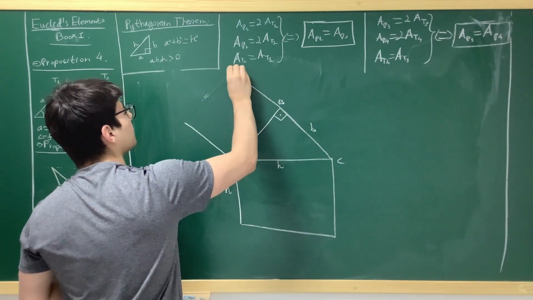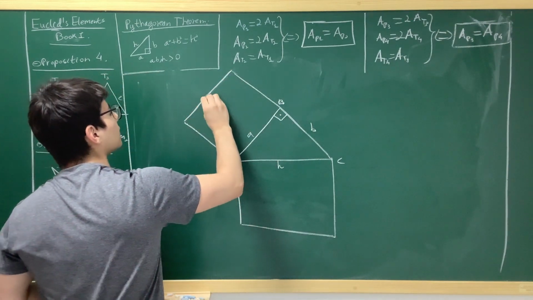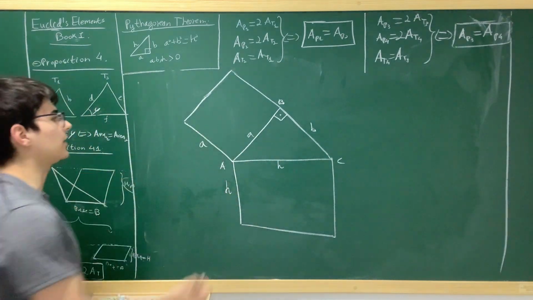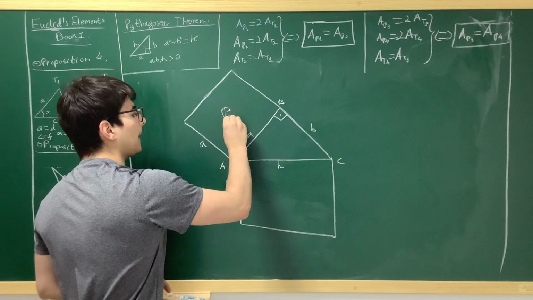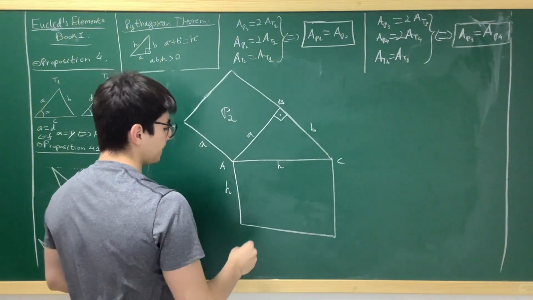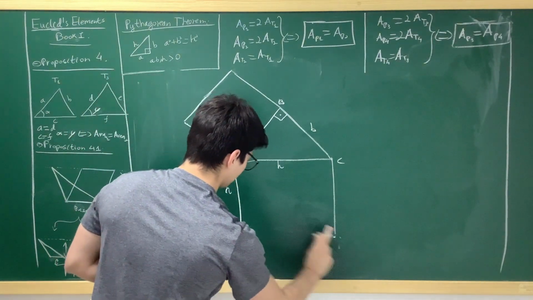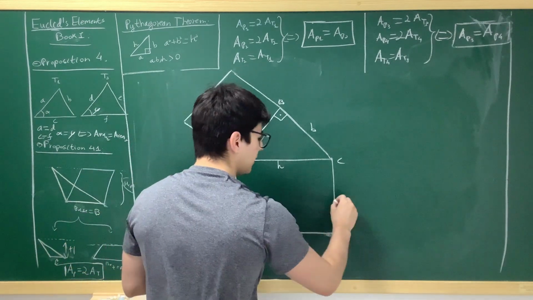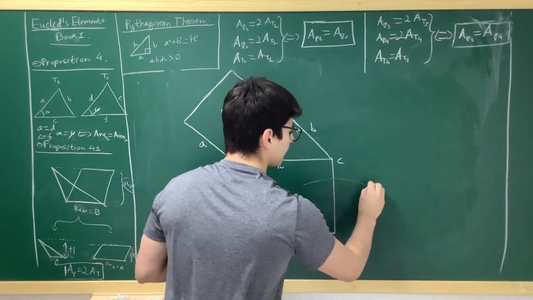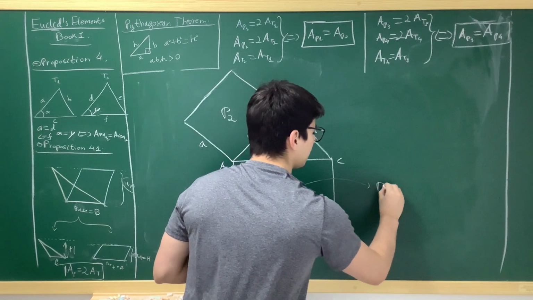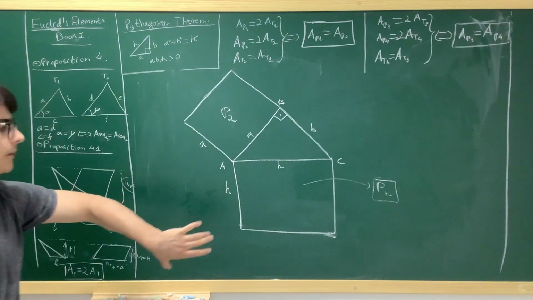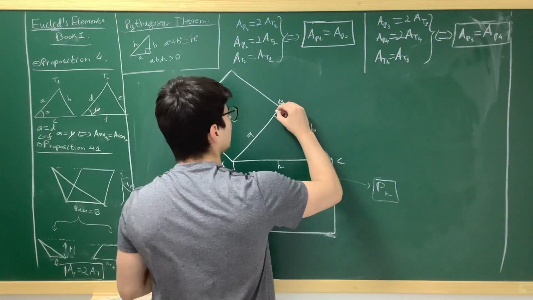Not too much of a square, but well. Okay, first square, second one, we call this P2, I think. And let's call the whole square, everything, PH, the whole of this square, and we will later on split it.